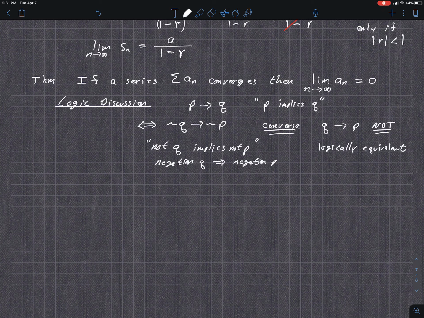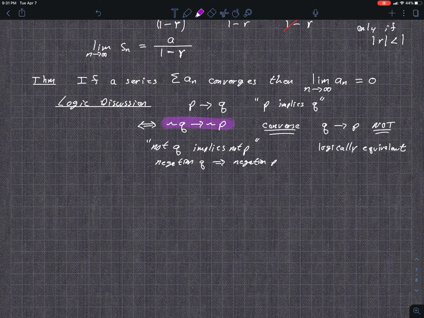So what this can be used for, just to be clear, this is a true theorem, but we only use this theorem really to show divergence.